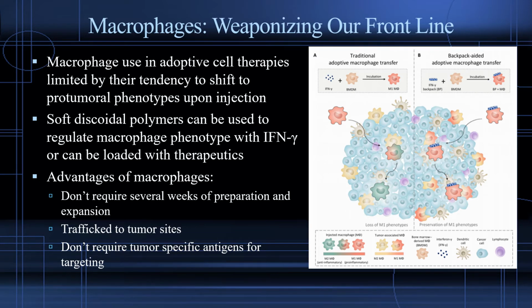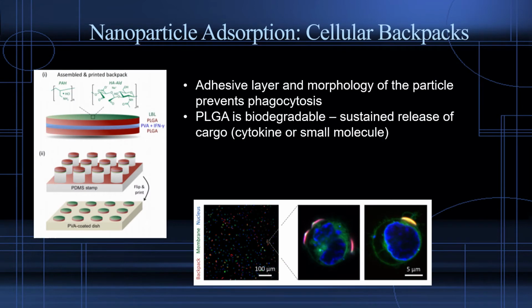First, let's look at nanoparticle adsorption, where we create these cellular backpacks, which are essentially discoidal polymer particles that are one polymer layered on top of the other, layered on top of the other. And you form these on silicone stamps, which you then flip and you micro contact print on dishes coated in polyvinyl alcohol.